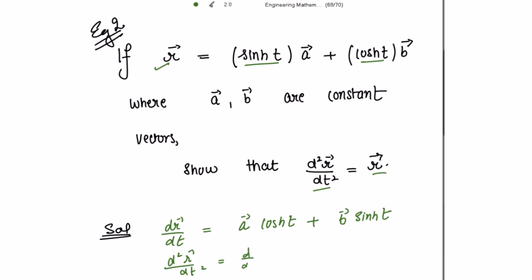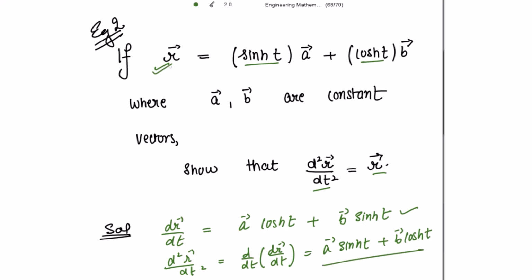It is d by dt of, that is the derivative of the first derivative, right? Okay, derivating this with respect to t now. A vector derivative of cos hyperbolic t is sine hyperbolic t, plus b vector derivating this, we have cos hyperbolic t. That's it. Okay, now this is your second derivative.